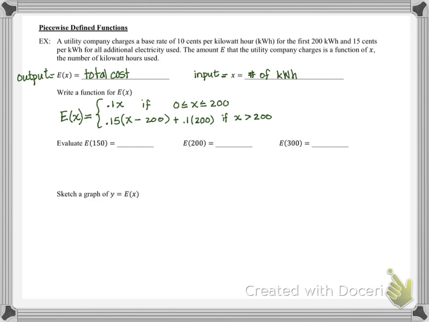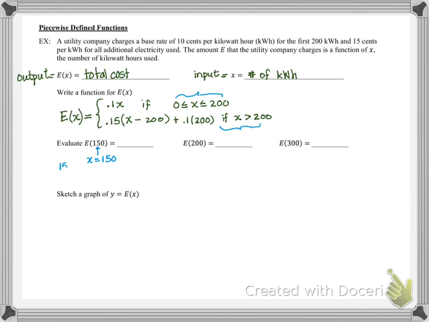So if I want to evaluate e of 150, what's my x value? My x value is 150. And so to evaluate this, the first thing I do is I look over here and I say, okay, is 150 between 0 and 200, or is it greater than 200? Yeah, it's between 0 and 200.